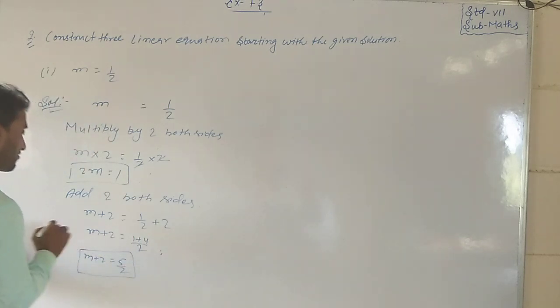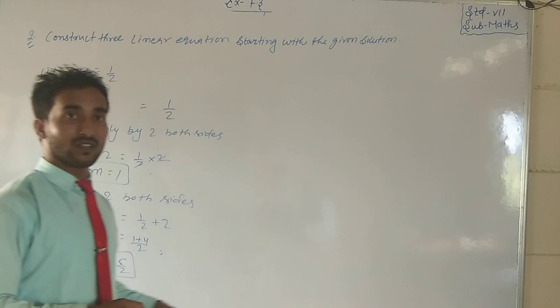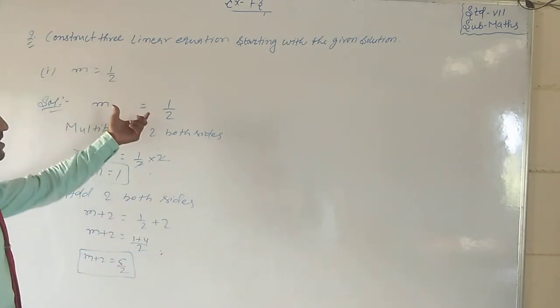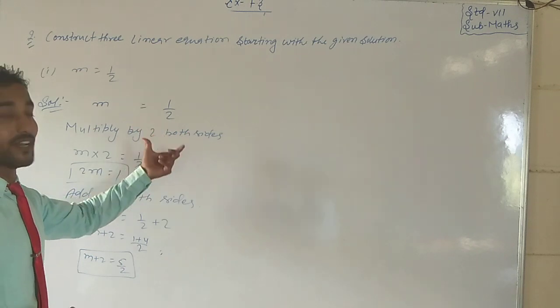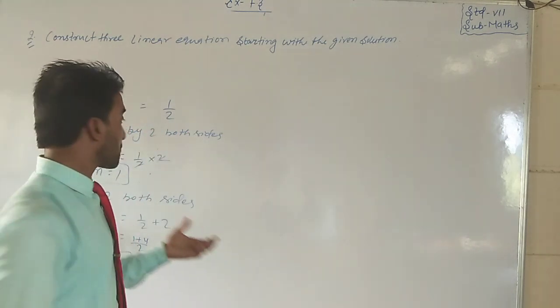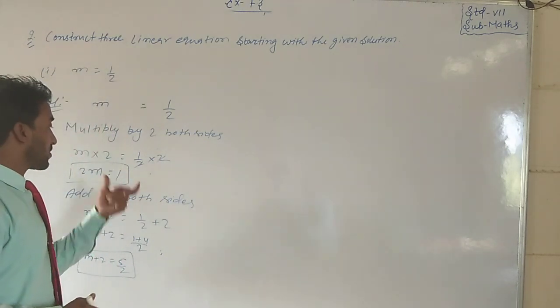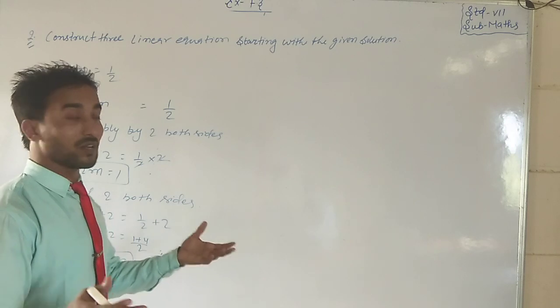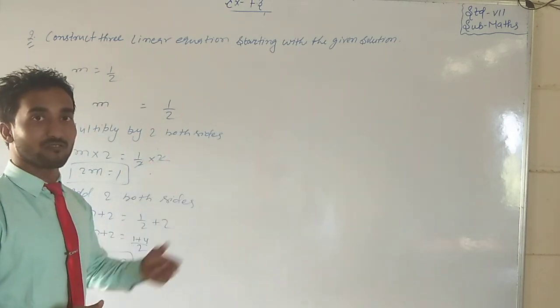Students, answers may vary. Do you know why? Answers may be different because we do not know what operations people are applying to the value of the variable. Suppose I multiply by 2, then we get 2m is equal to 1. Suppose you multiply by 4, definitely the answer will vary.